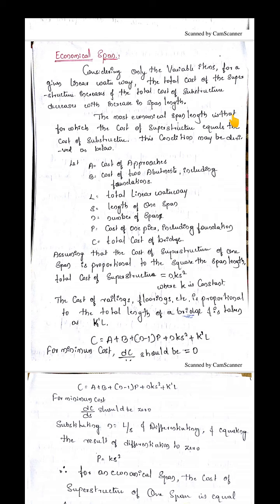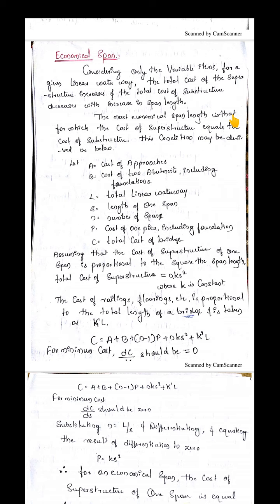When the span length increases, the cost of superstructure increases and the cost of substructure decreases. It is most economical when the cost of construction of the superstructure and substructure are equal. When the cost of construction of the superstructure is equal to the cost of construction of the substructure, then we can call it an economical one.